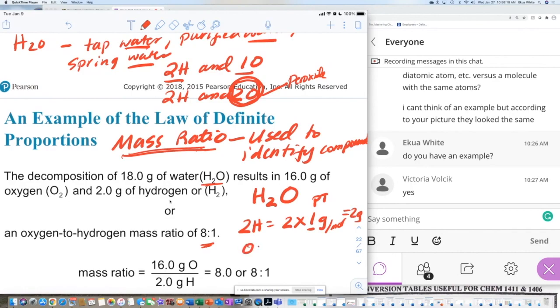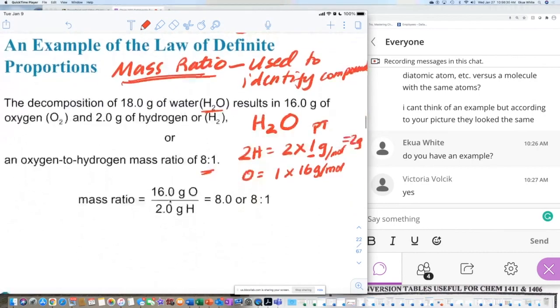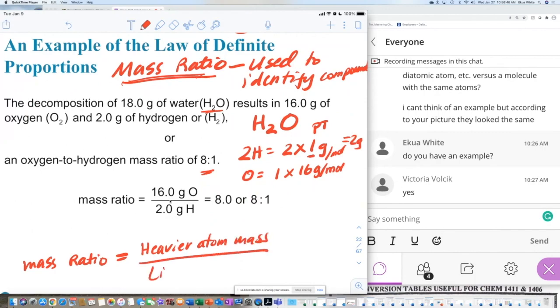And then we have one oxygen. Each oxygen is about 16 grams per mole. It's like 15.999 per mole. Okay? So you see how they worked it out here. The mass ratio, here's the general formula, is equal to heavier atom mass divided by lighter atom mass.